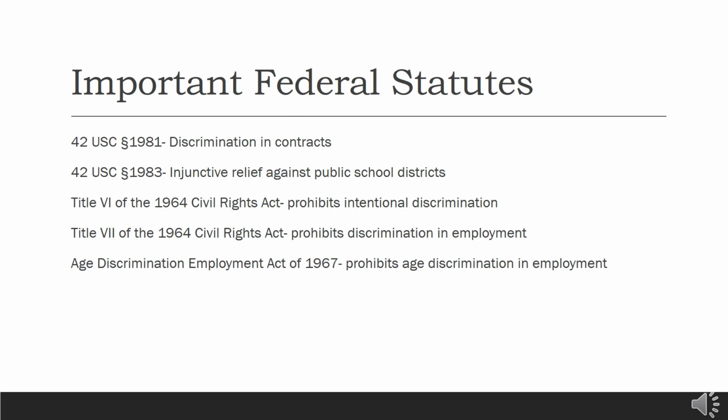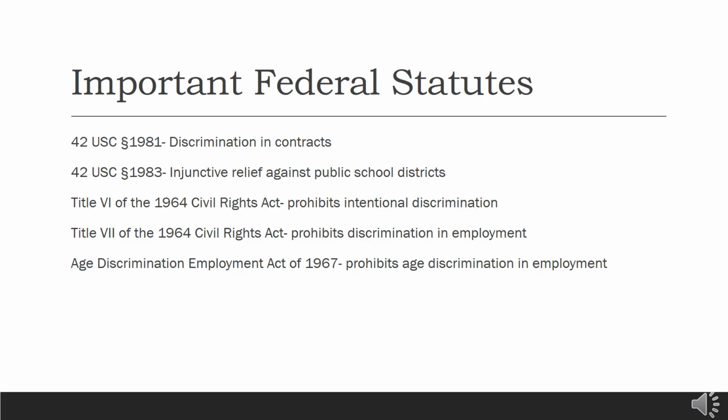While Texans always feel a sense of independence from everyone else in the country, we're still guided in education by a number of important federal statutes, including discrimination in contracts, that's both contracts with individuals, businesses, and organizations. There's also injunctive relief found that can be used against public school districts.